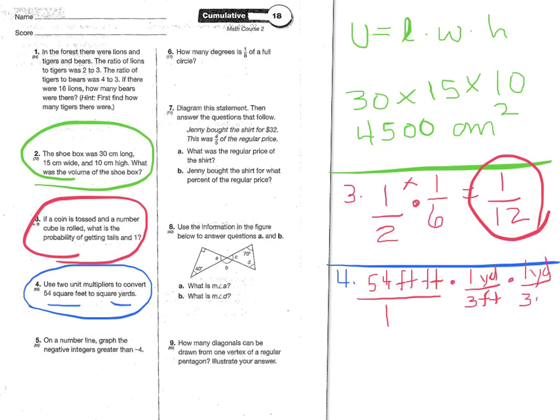And that's also 3 feet. Okay? So now we just have to get rid of the commons, and that's easy to do. Feet, feet, feet, feet.